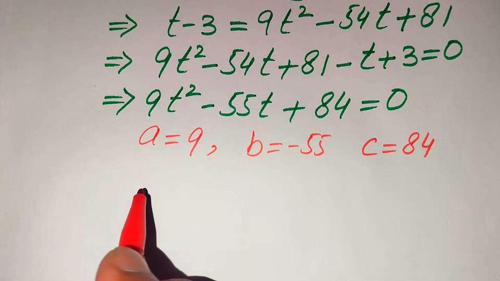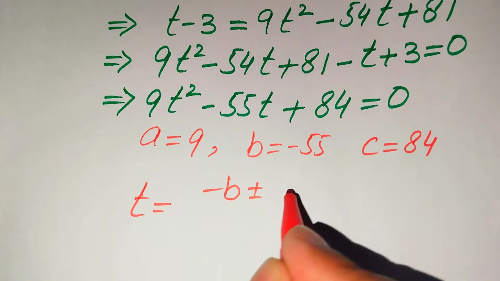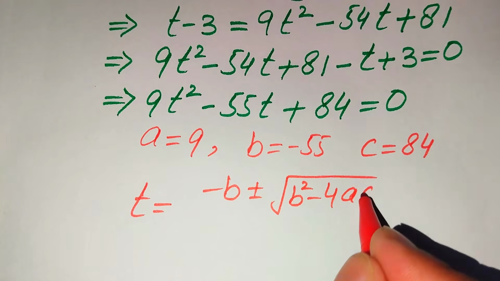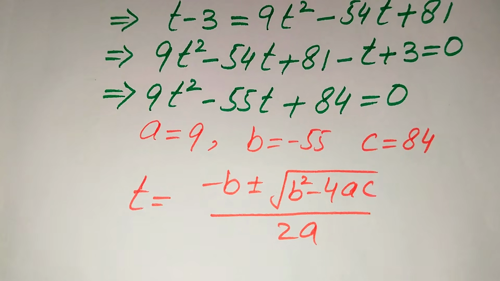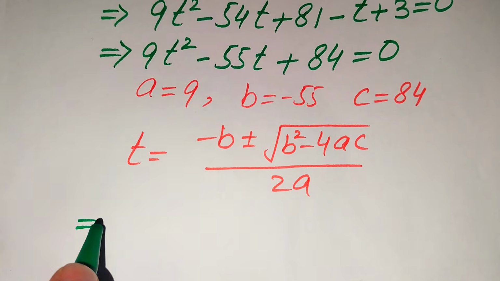We state the quadratic formula as t is equal to minus b plus minus square root of b square minus 4ac, divided by 2a. This is our quadratic formula, and here we substitute all the values of a, b and c, and it will be written in this form.